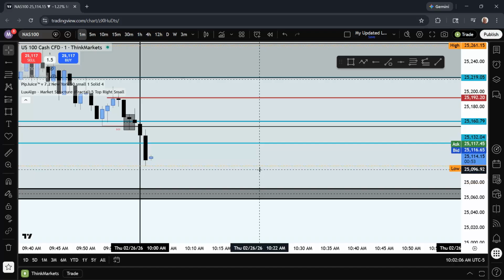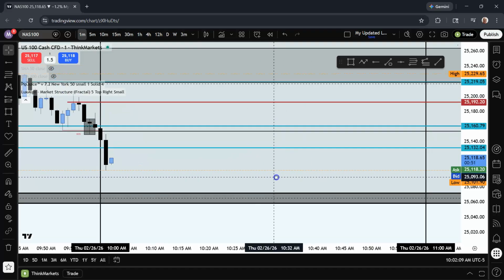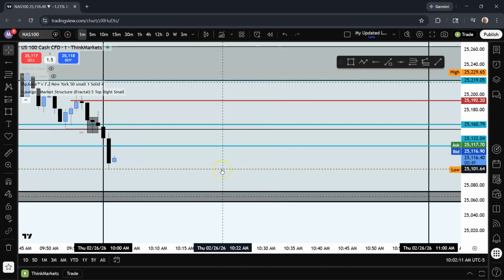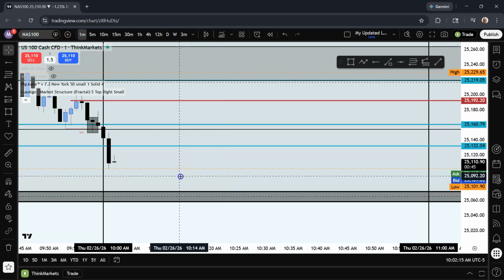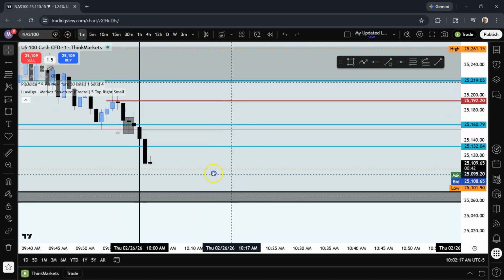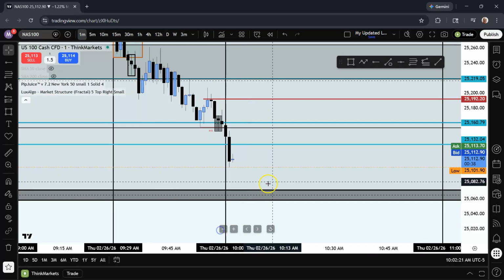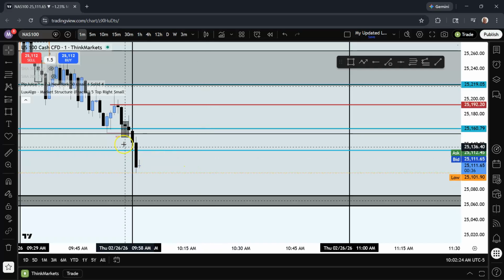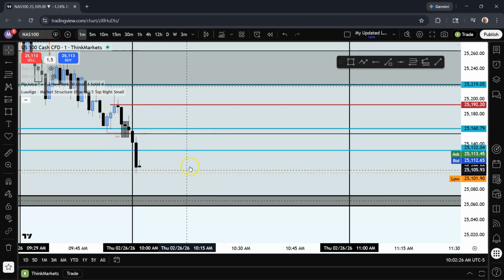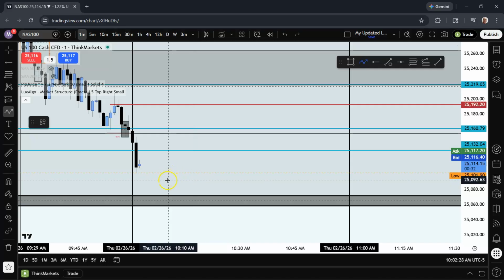Got my cup of coffee, and this is what I do. Every day during this time, I look for opportunities in the market. I'm looking for an A1 setup, and I can pretty much graph it out and let you guys know what I'm looking for. So this is the high, right? I'm looking for this to happen.